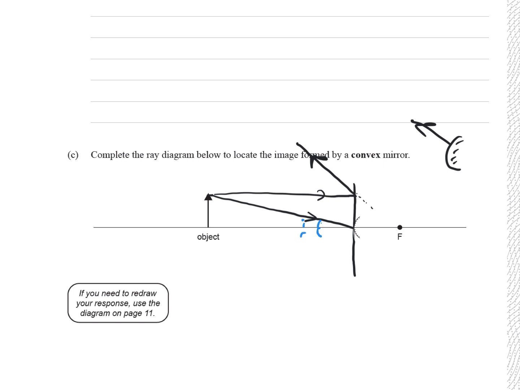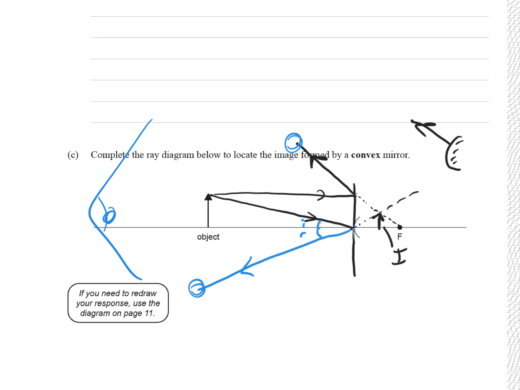Then mark it over this side and just bounce this off so that it reflects on the mirror. Remember, there should be no rays behind the mirror except for dotted lines. Now in this case, your eye is over here, and it sees this ray and this ray coming to it. So what does it do? Well, it dots back along in a straight line to see where they meet, and that tells you the image is here.